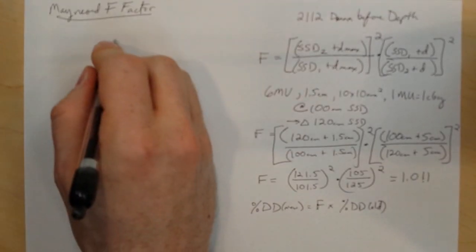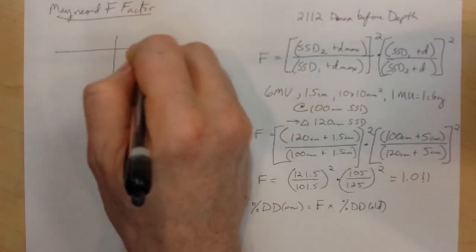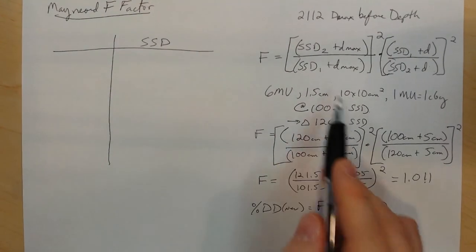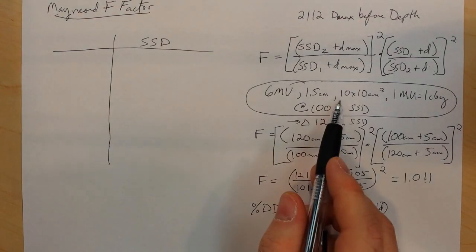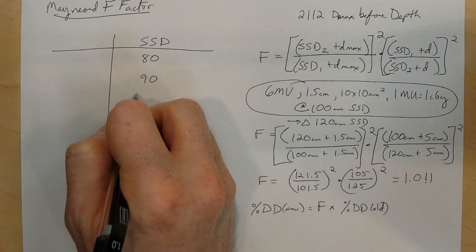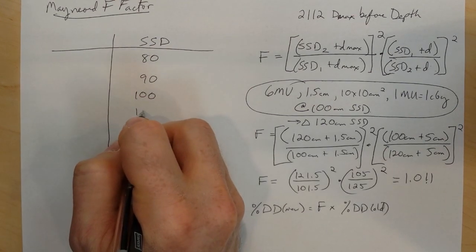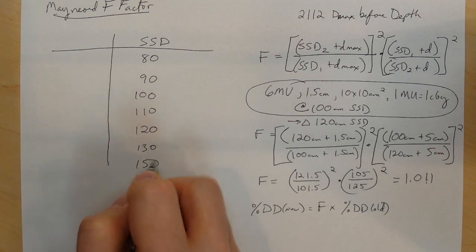So I would encourage you, as an exercise and practice in remembering the mnemonic device, and I will not hold you accountable to this, for these reference conditions that I set up here, to do 80, 90, 100, 110, 120, 130, and 150.